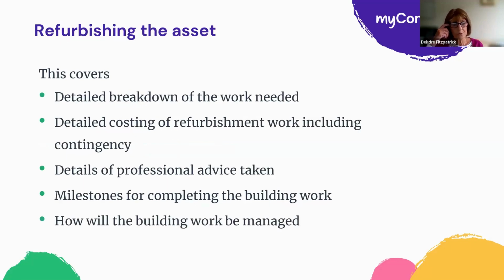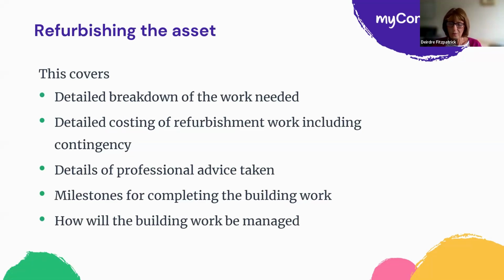In terms of refurbishment of the asset, you need to provide them with a detailed breakdown of the work that's going to be needed. And very often a condition report is very useful to show what's actually needed in order for the building to be fit for purpose.